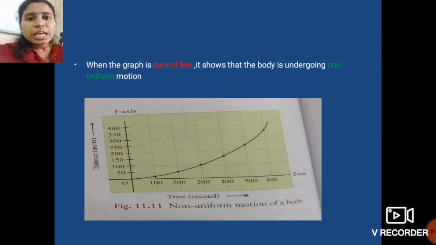That's why we get the curved line graph. Okay students, when you get the straight line graph, you can say that the body is in uniform motion. And whenever the graph is like this curve, then you can say that the body is in non-uniform motion.